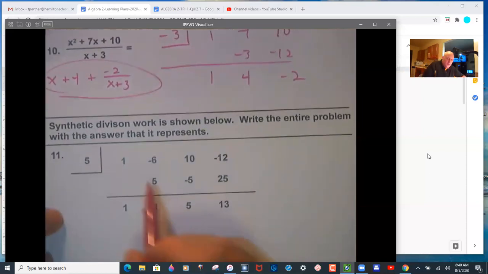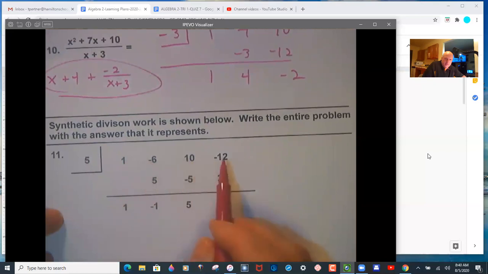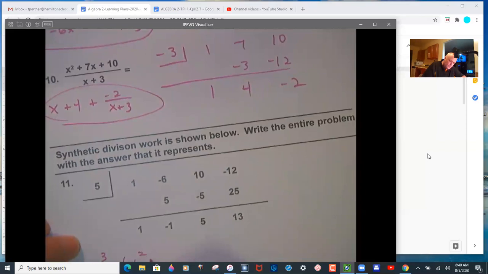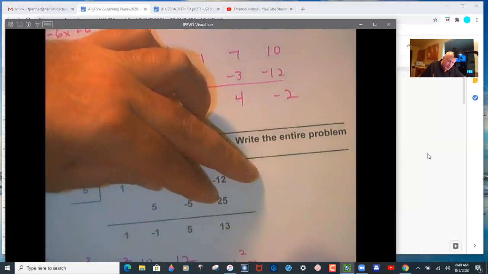Write this out. So this up here is your new x cubed, x squared, x, and the number. Over x minus 5 equals x squared minus x plus 5 plus a remainder of 13 over x minus 5.